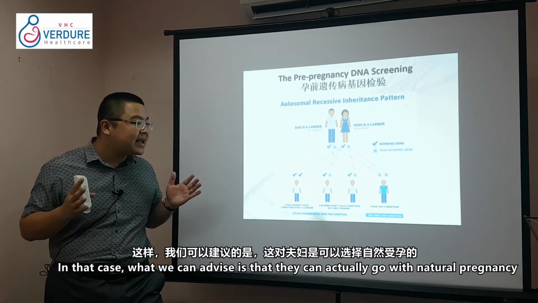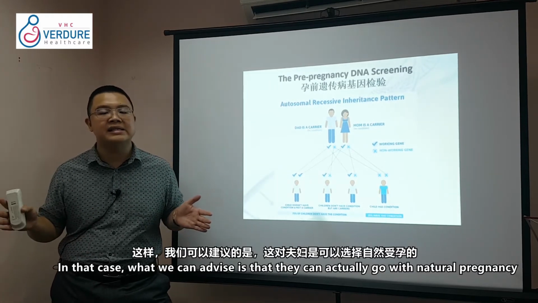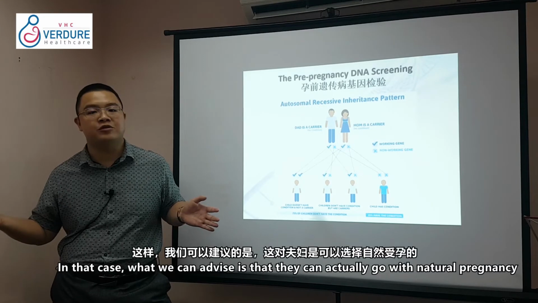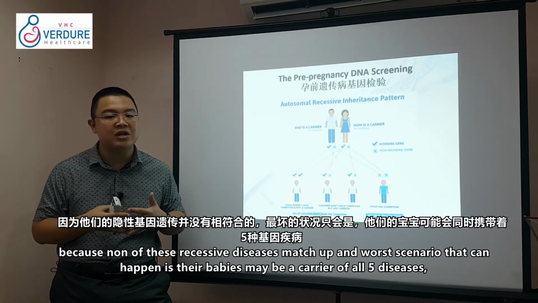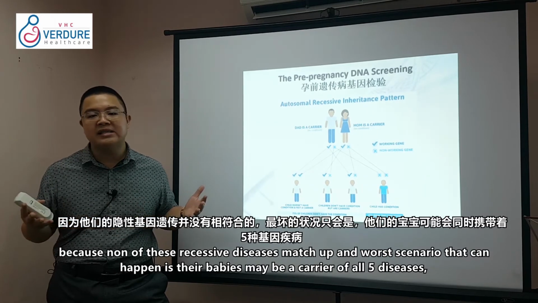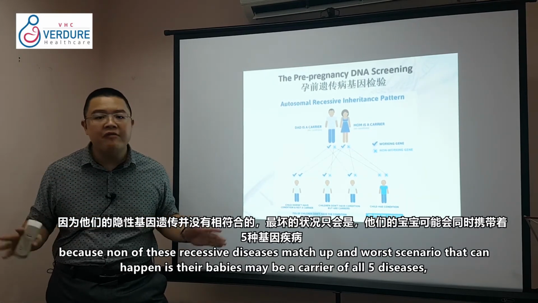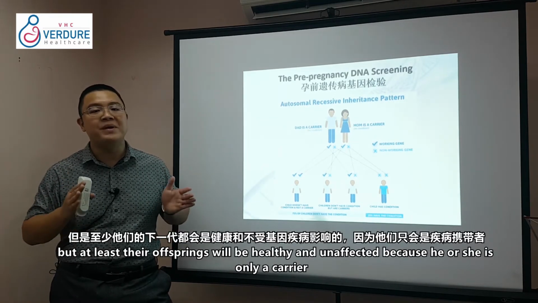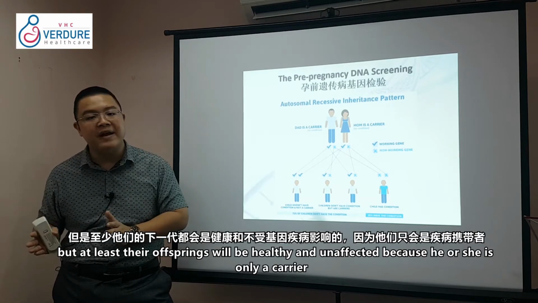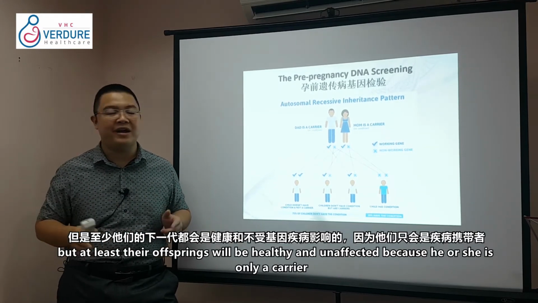So in that case, what we can do, we can advise this client is that they can actually go with natural pregnancy because none of these recessive diseases match up, and the worst case scenario is that their babies will be a carrier of all 5 of these diseases, but at least their offspring will be healthy and unaffected because he or she is only a carrier.